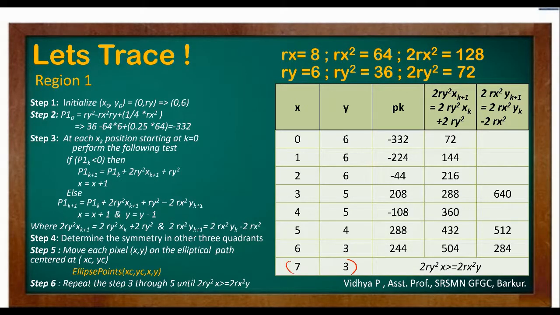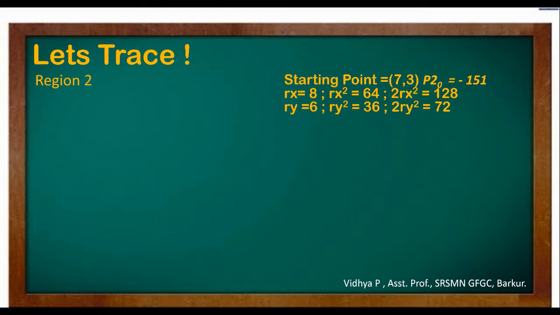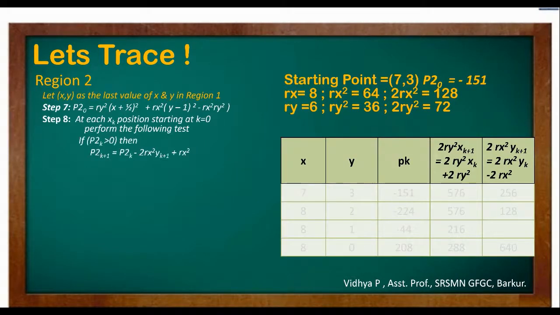And when it is stopped, we just move on from region 1 to region 2. In region 2, we start with the point 7, 3, and P2 naught is equal to minus 151. So if you start working with this algorithm, we start with x is equal to 7 and y is equal to 3 and pk is equal to minus 151.